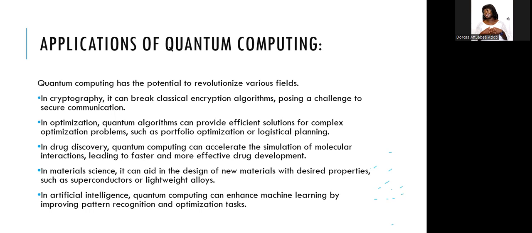At the moment, given that it's still a work in progress, there are certain problems that have been worked on and proven, for example solving NP hard problems, where a quantum computer is better. But for certain other problems, a classical computer is better.